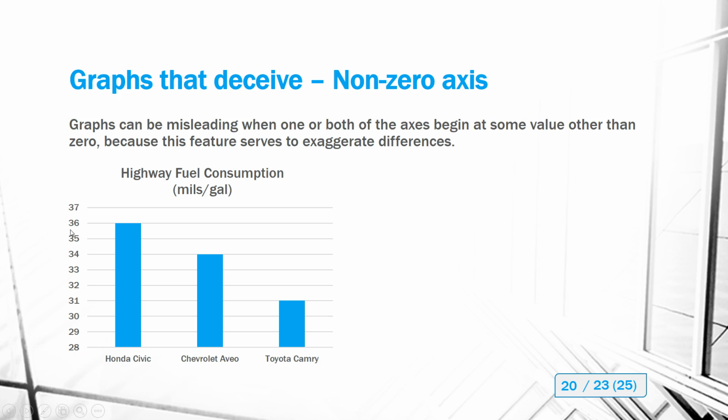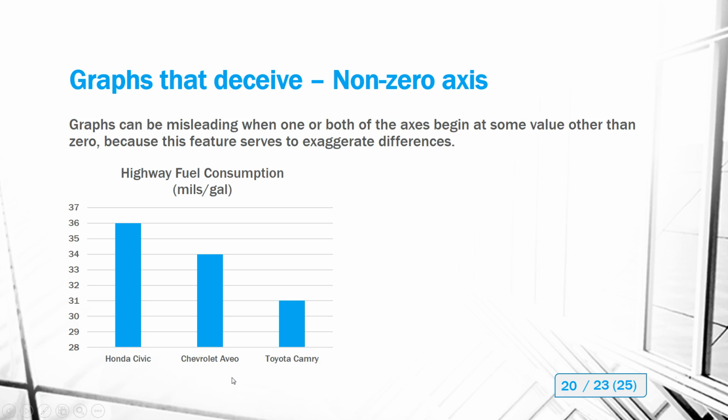Really not that much difference between 34 and 36, and yet the way this graph is displayed, you would think, wow, it's pretty substantial, because this is a significant part of the whole bar. Because we don't have that 0 that we're starting out with, here we're starting out at 28 instead, this graph serves to exaggerate the differences between the 3 car models, even though the differences are not all that great.